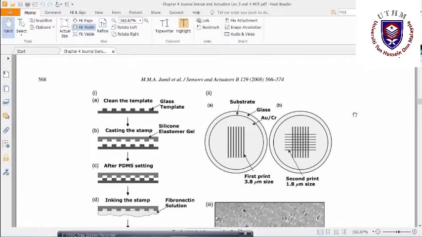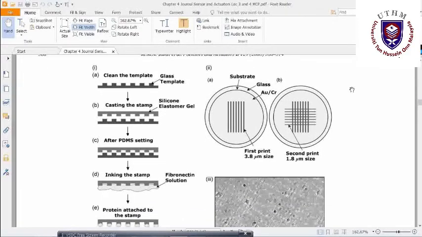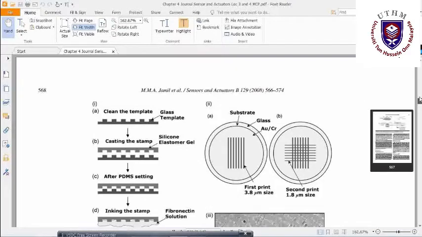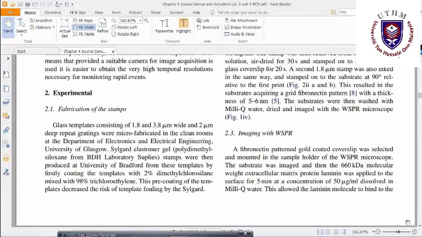When I mentioned the biological sample, this is how you actually create it. Basically, let's say this is the glass substrate. How can we deposit materials on this glass surface? A technique called microcontact printing. This is what they call fabrication of the stamp.